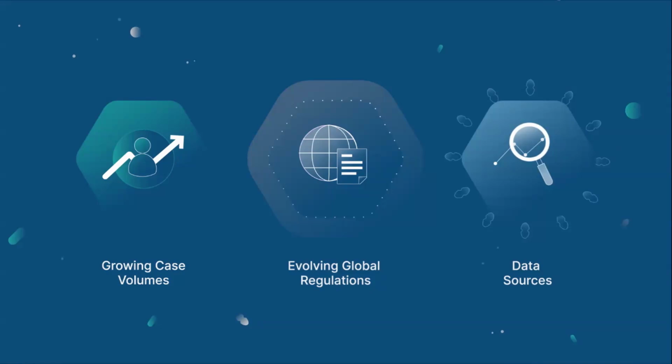Evolving global regulations. As I told you, the global regulations are changing day by day. Every regulatory body is looking to be more advanced and more keen towards safety. That's why they are also evolving and changing their regulation dynamically.